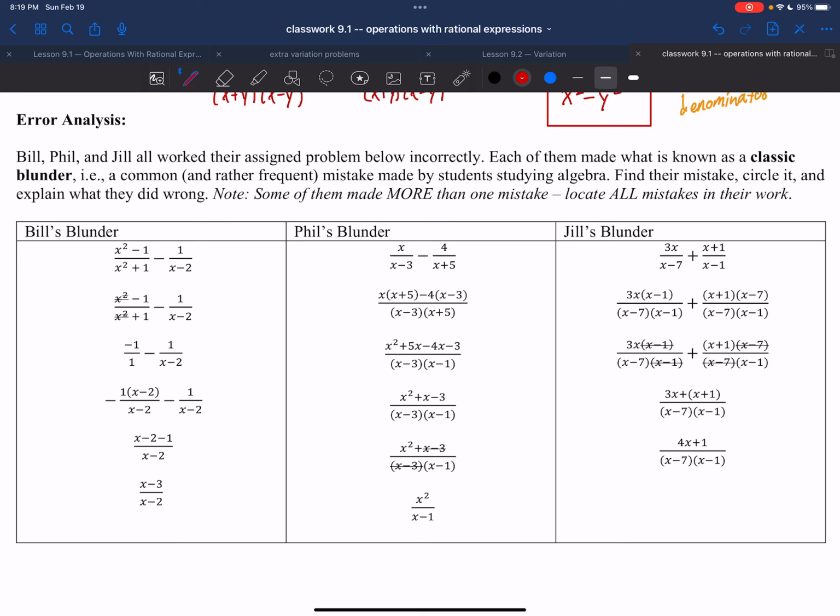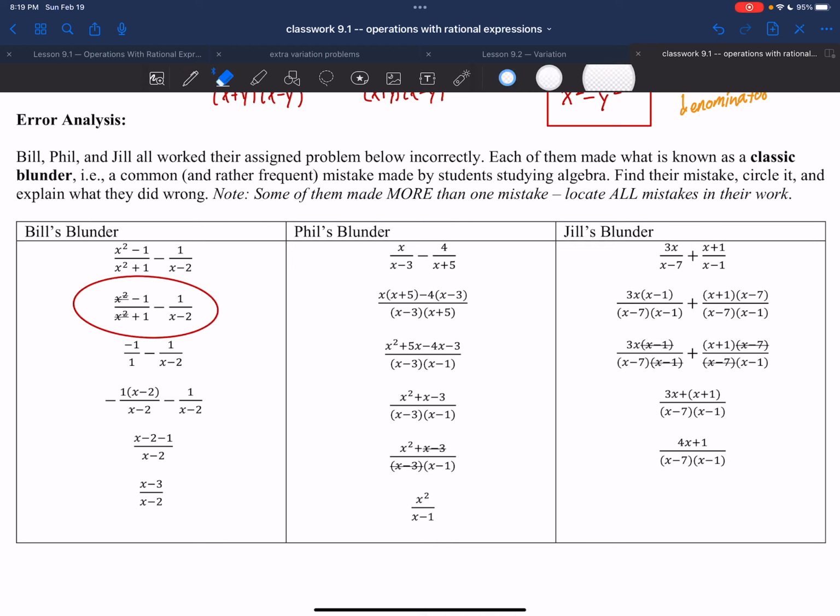Okay, so Bill's blunder. Oh, Bill. Well, I noticed, he's given the problem in step 1, and then in step 2, he crosses out x squared on top and bottom. So immediately, that's a mistake right there, okay? Bill, you can't do that.